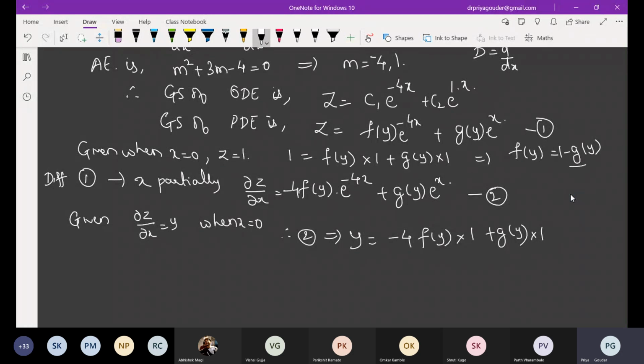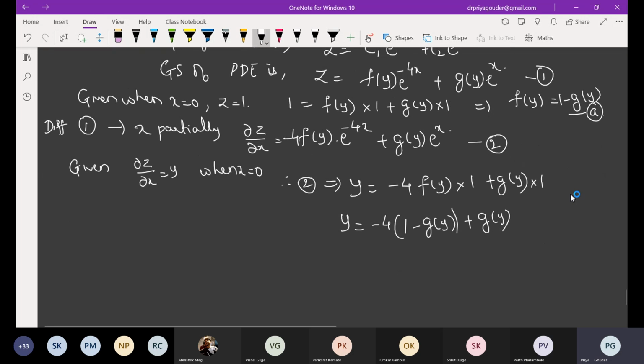Okay, I'll use this as equation A. So y is equal to minus 4 into, I'm going to substitute f of y from equation 1, 1 minus g of y, plus g of y.